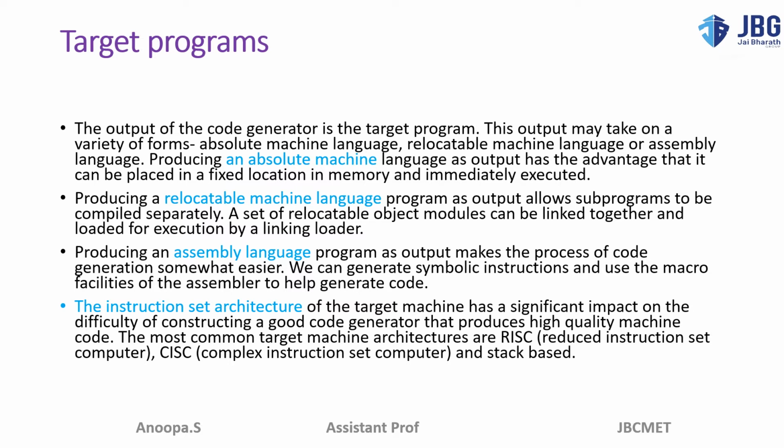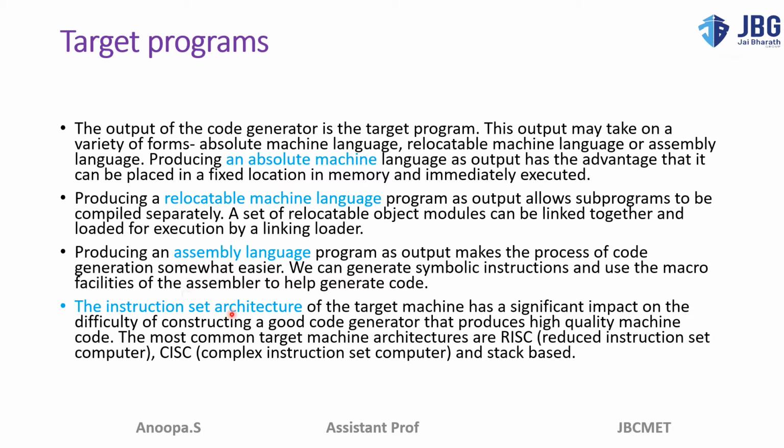The advantage is that it allows subprograms to be compiled separately, and a set of relocatable object modules can be linked together and loaded for execution by a linking loader. Then if we are using an assembly language program as output, it makes the process of code generation easier. We can generate symbolic instructions and can use the macro facilities of the assembler to help generate the code.